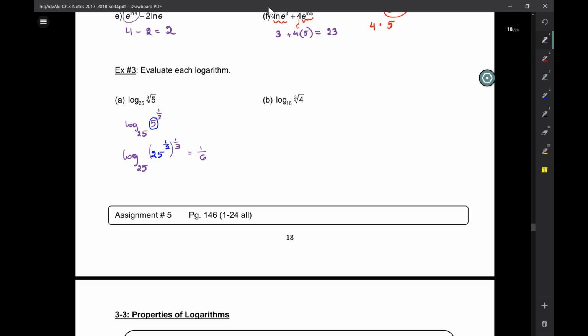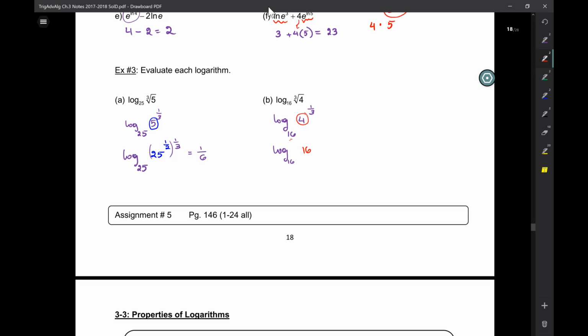We're going to do it again. This time, let me walk you through the reasoning. First, we write this as log base 16 of 4 to the 1/3, which you've been doing all along. Now, I take the 4, and I need to write it in terms of 16. If I had a 16, what should I do to the 16 to get a 4?